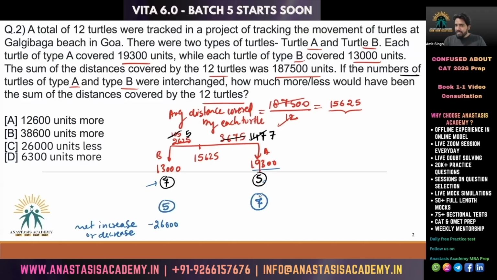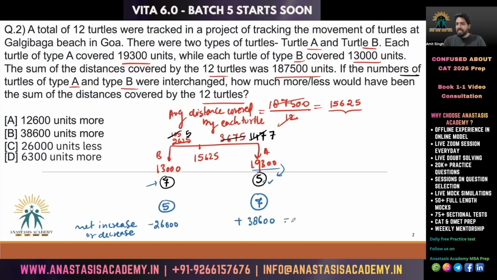And here the distance would increase by 2 units, right? So 19,300 into 2, because earlier I was multiplying it with 5, now I have to multiply it with 7. Had it been 5, it would have remained the same, but plus 2 has increased in the number of turtles, so it would increase by 19,300 times 2, which is 38,600, right?